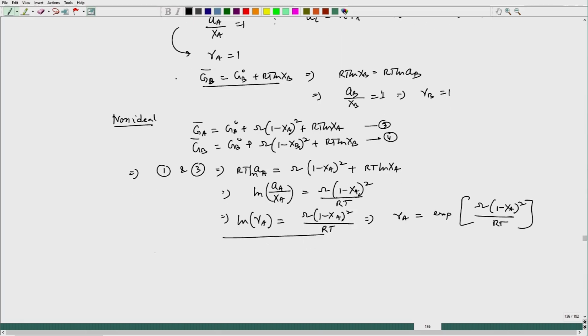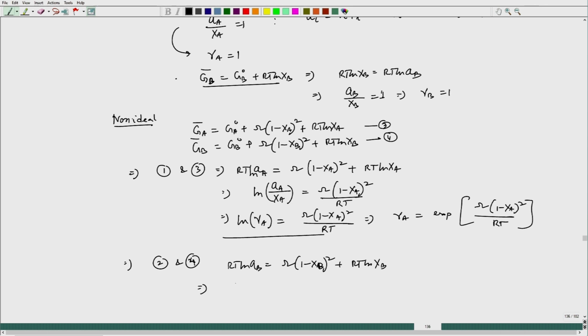Another equation we can get by comparing 2 and 3, 2 and 4. So, we can write RT ln AB equal to ω(1 − XB)² plus RT ln XB.